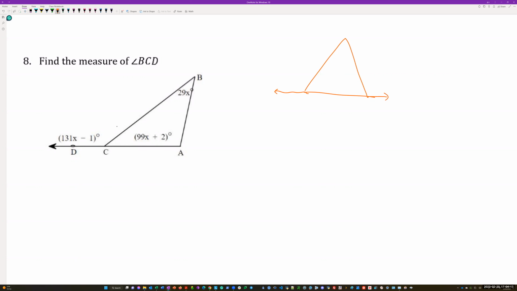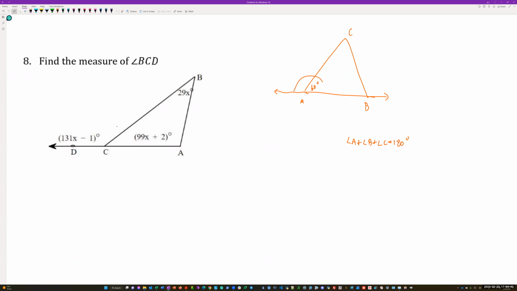Then, let's say this is A, B, and C here, right? We know that the measure of angle A plus the angle B plus the angle C must be 180 degrees, right? But like this number here, let's say this was 60.